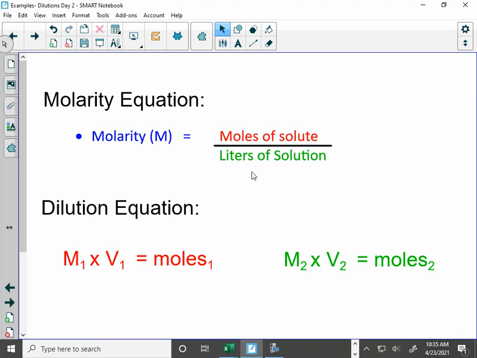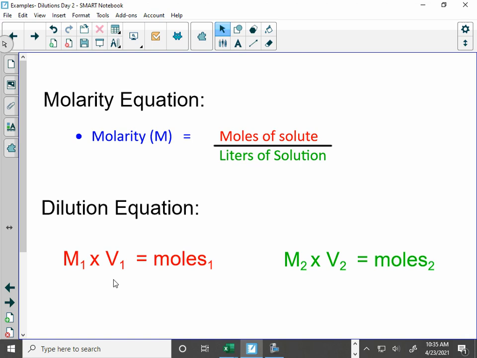Now, when we're talking about dilutions, I have manipulated my equation down here. And you notice that I have a V instead of the liters of solution.